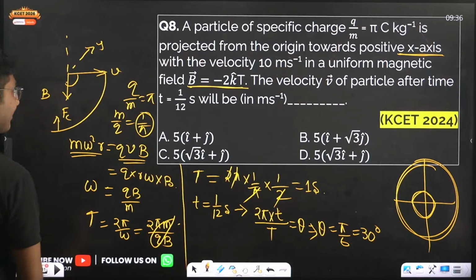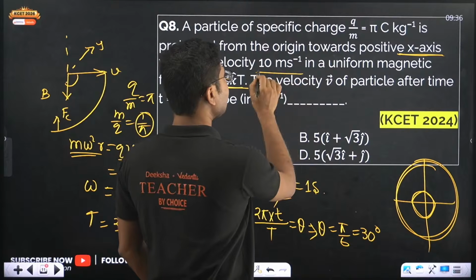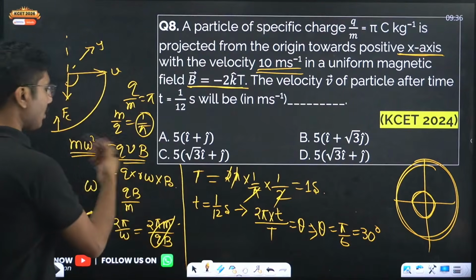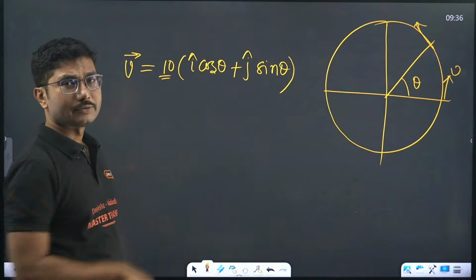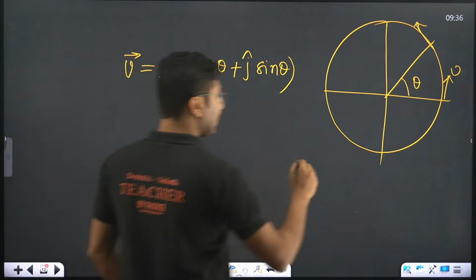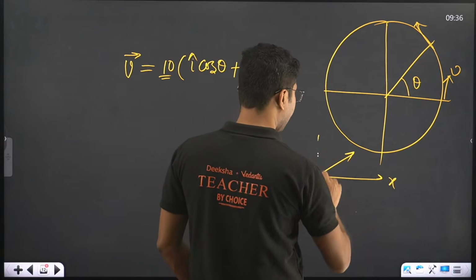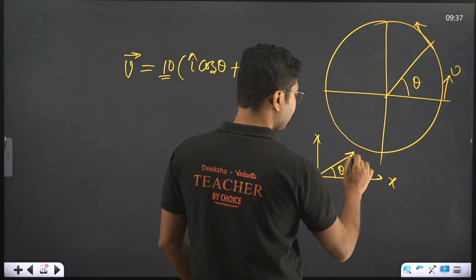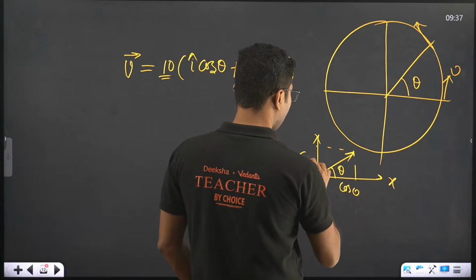Now how did I get the value 10? Because in the question it is mentioned that the velocity of the particle is 10 meter per second. It is not required to calculate the time period, but it is required for this formula. When there is a vector like this, this is the x direction, this is the y direction, and this angle is theta, so this will be the cos theta component and this will be the sin theta component.